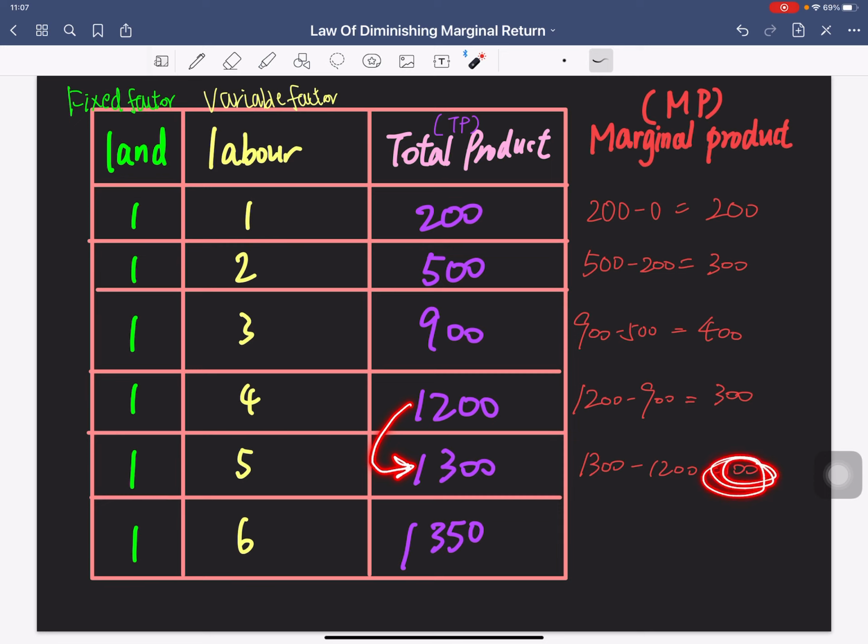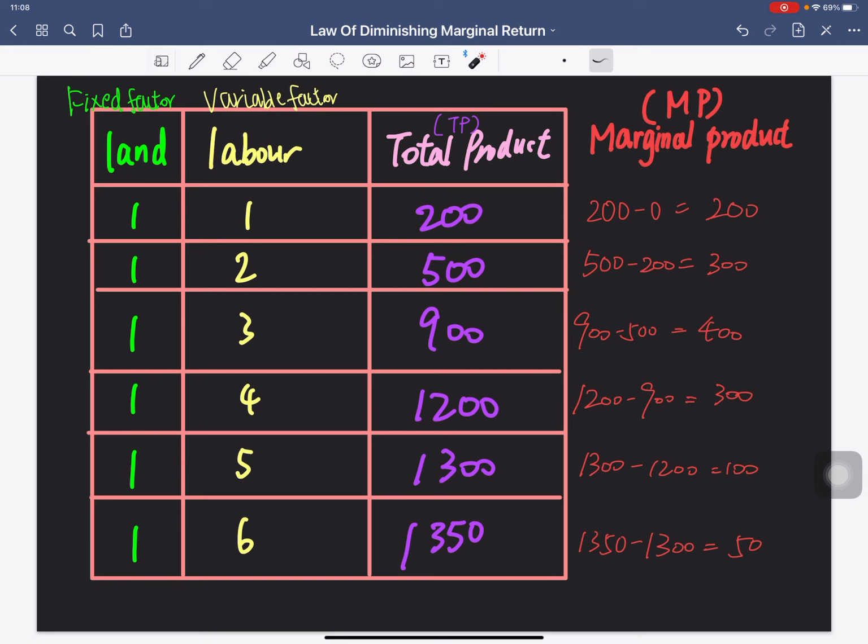This 100 additional marginal product is gained because of the employment of this 1 additional unit of labor. And from 5 to 6, we get it again: 1,350 minus 1,300, so we have 50. This 50 units of marginal product is explained by employing this 1 additional unit of labor.